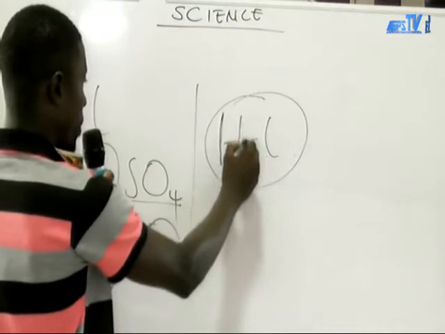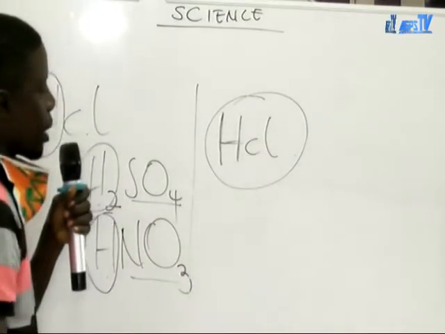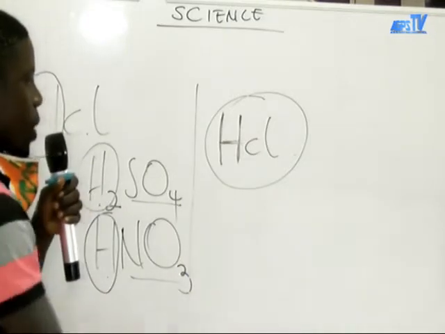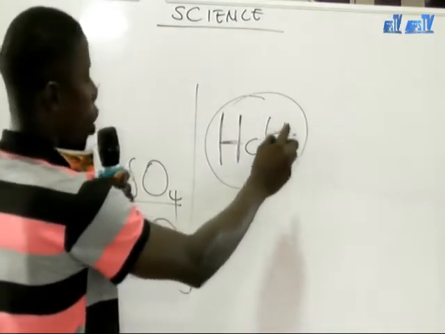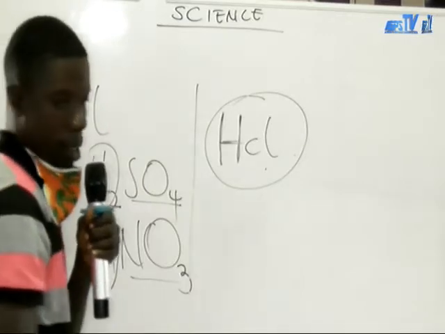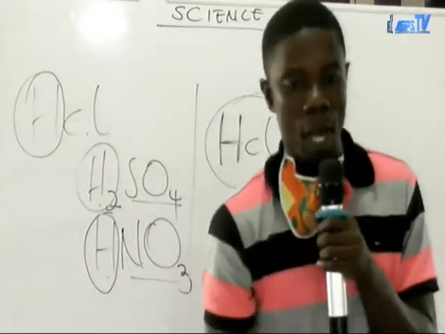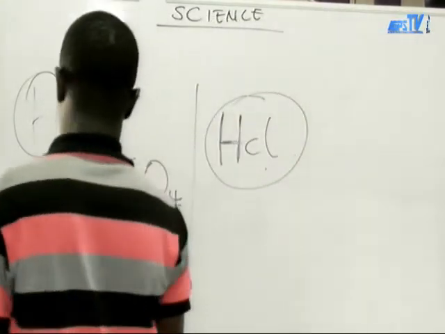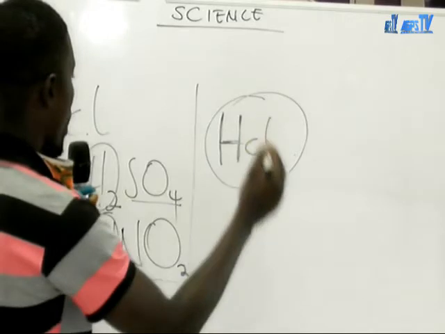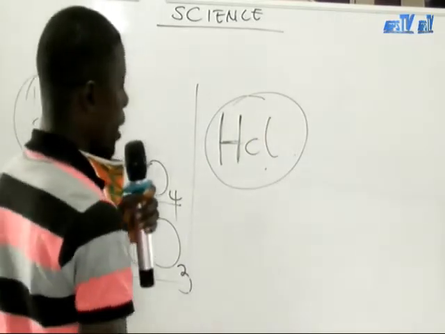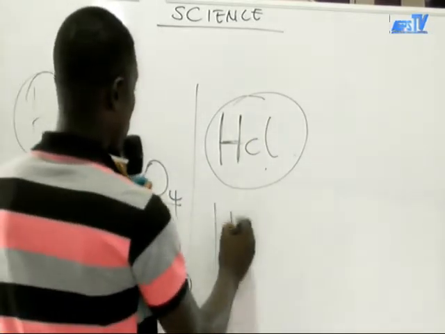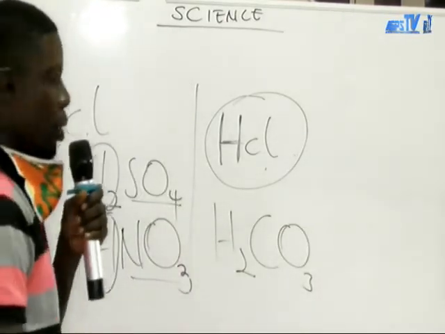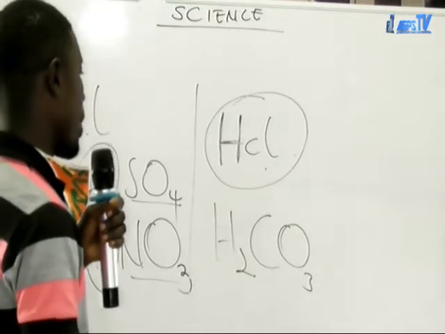Take note of them, because they can ask you this in objective tests. This one can be organic and inorganic. This is the chemical formula for hydrochloric acid. And we have another example of acid: carbonic acid, H2CO3.